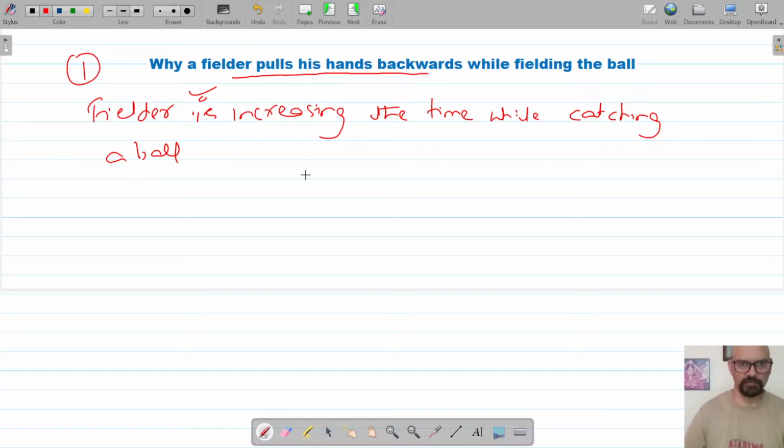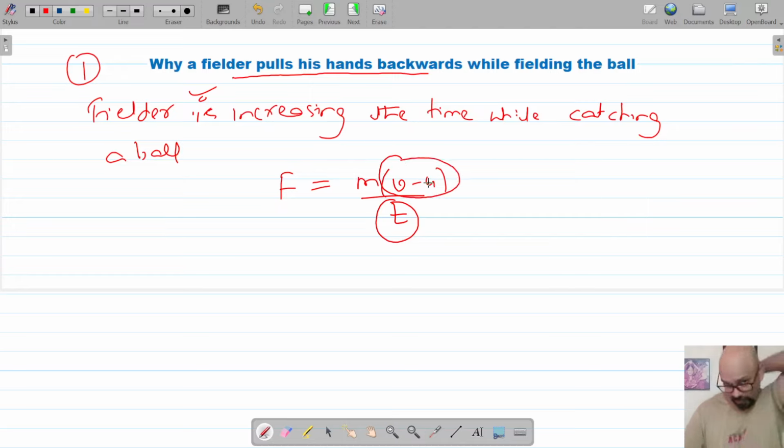Because we know that the force is directly proportional to the rate of change of momentum, that is m into (v minus u) by t, by increasing this time, we are reducing the rate of change of momentum. This value becomes small, and when this value becomes small, which is directly proportional to the force, the impact of the force is small. So let's try to understand it in this way.